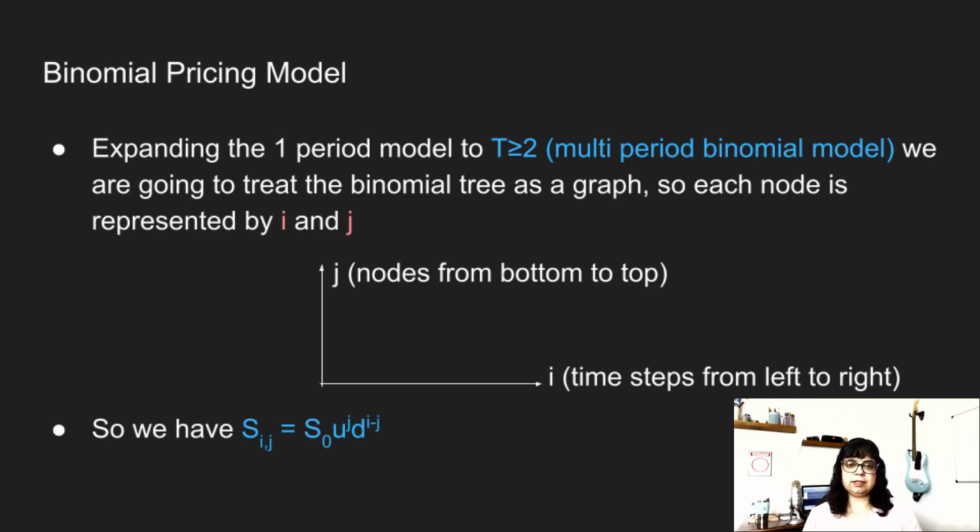So with this in mind, we can represent each node in each time period as ij, written as S0, the initial stock price, multiplied by the up step u to the power j, multiplied by d to the power i minus j.